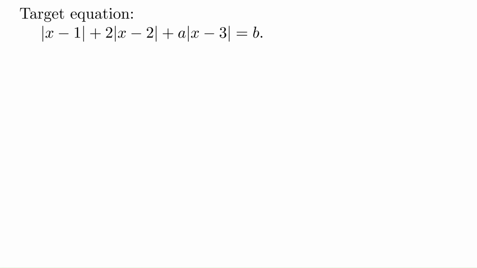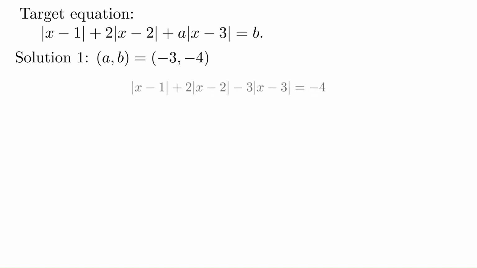We want to find constants a and b so that the target equation has infinitely many solutions. There are a total of 4 pairs of a and b satisfying these conditions. The first pair: a equals negative 3 and b equals negative 4.